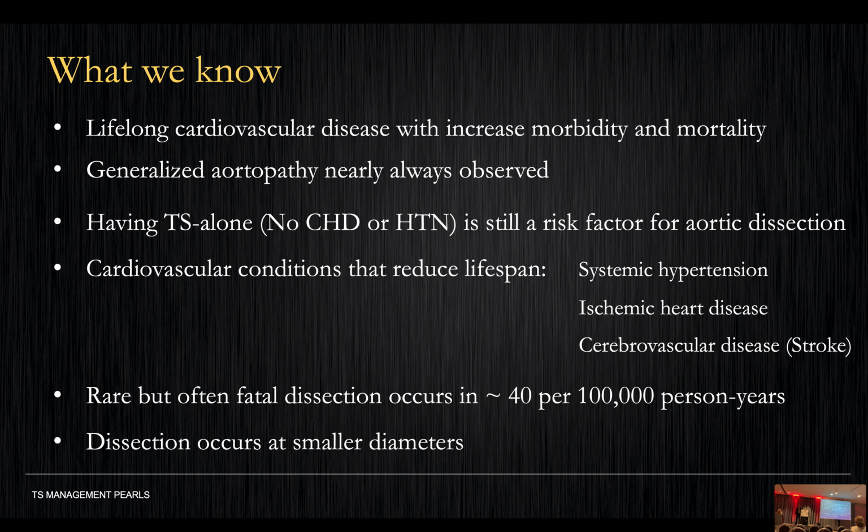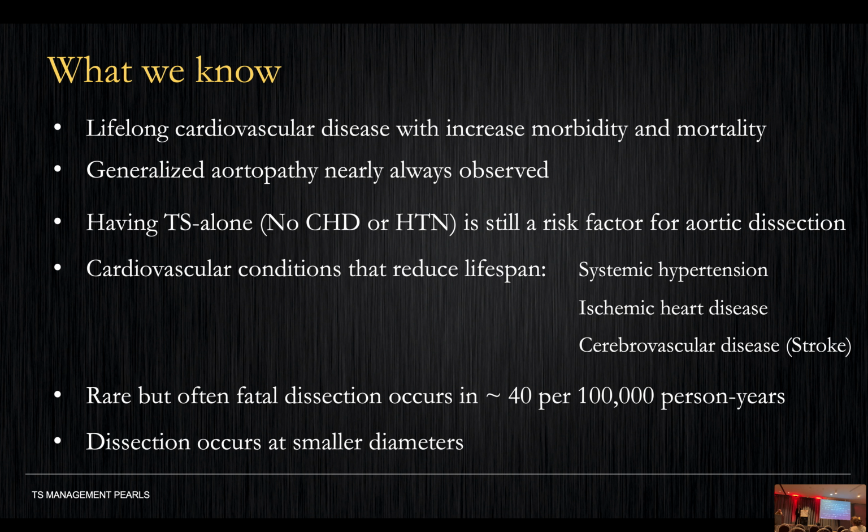In rare but fatal cases, dissection tends to occur in approximately 40 per 100,000 person years. When we compare this to the general population, in which this occurs in approximately 6 per 100,000 person years, it is significantly higher in Turners. And again, the important point today is that aortic dissection occurs at smaller aortic diameters in the Turner syndrome population.